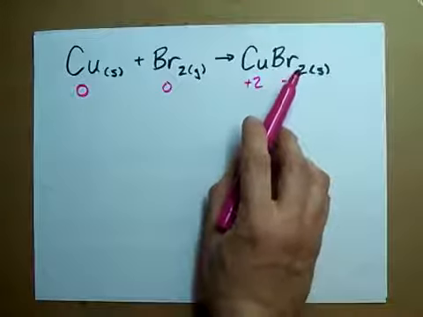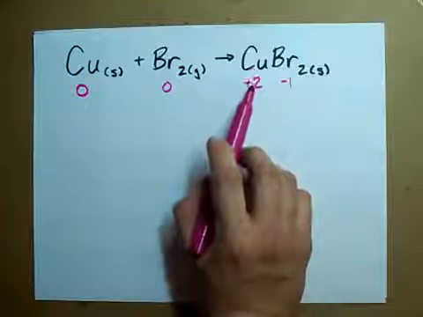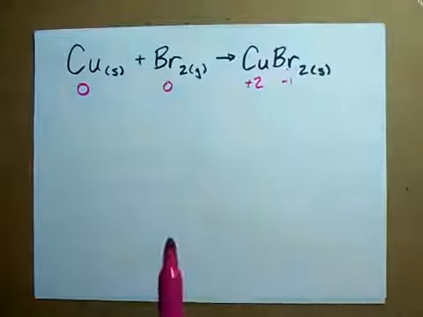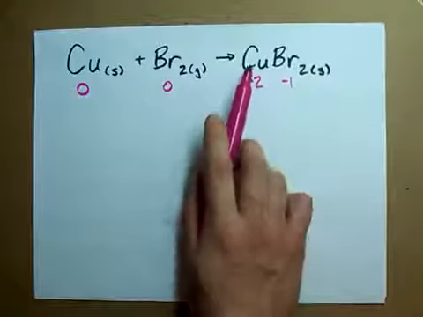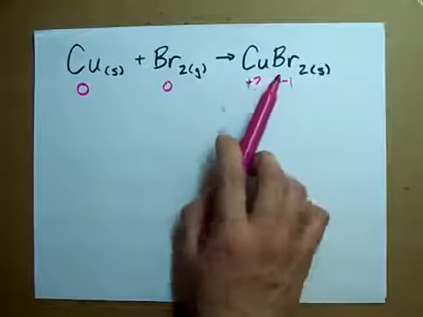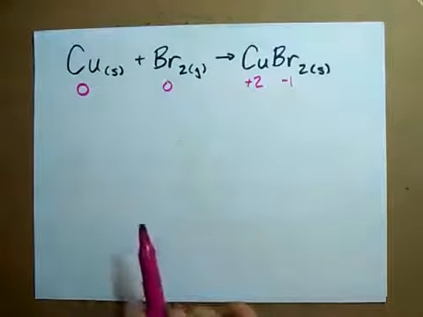Notice I have 2 atoms that have a charge of -1, 1 atom that has a charge of +2, and so the charges eventually cancel each other out. Another way to think about this is that the ions that make up this ionic compound are the copper 2 ion and bromide ions, which have charges of -1.